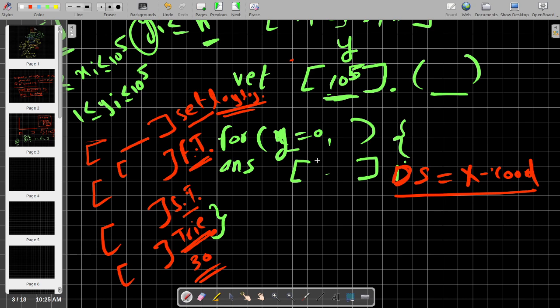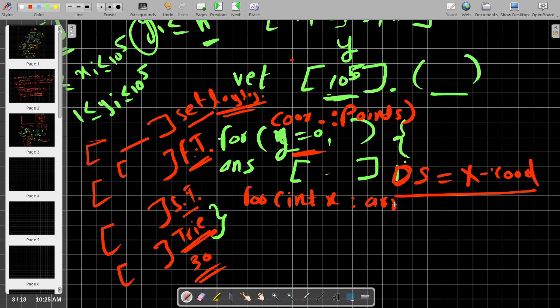So now let's say this y is equal to 0. For a certain coordinate, let's say the list has p points, and whatever this y is, we could directly add to the data structure: for int x belonging to the bucket of y, add x to the data structure, right?